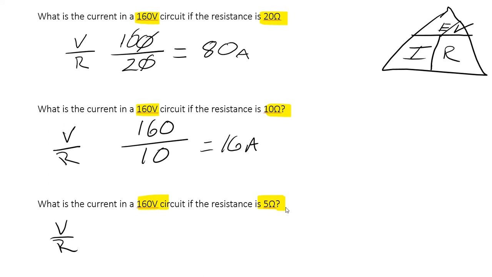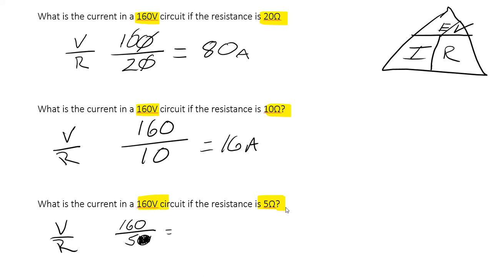All right, I want you guys to do this one on your own. I'm going to help you out a little bit. What is the current in a 160 volt circuit if the resistance is 5? So again, we have it all figured out over here. I have my 160, right? Exactly. Divided by my resistance, which is 5.